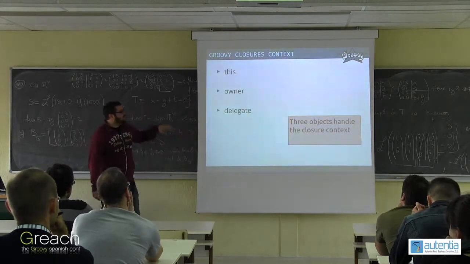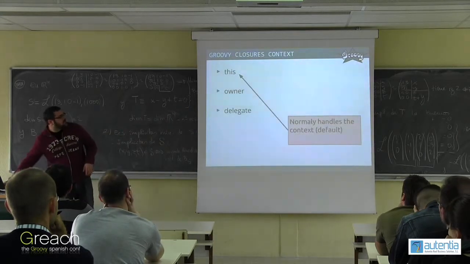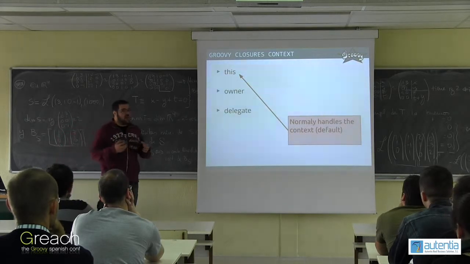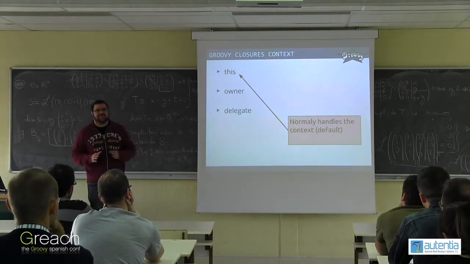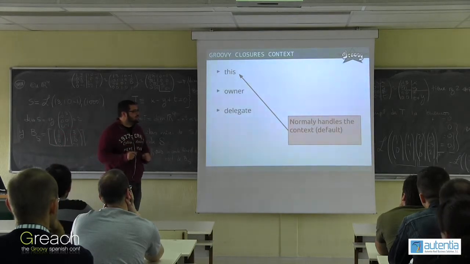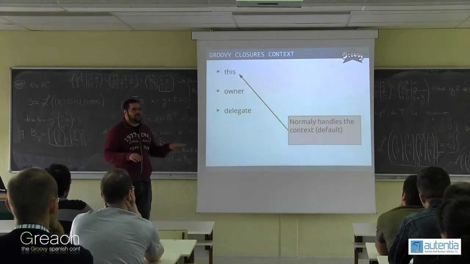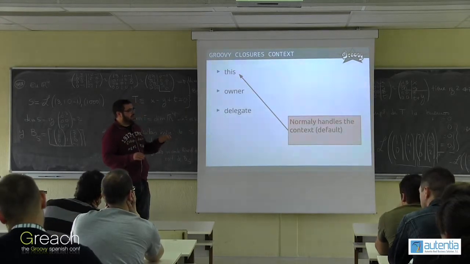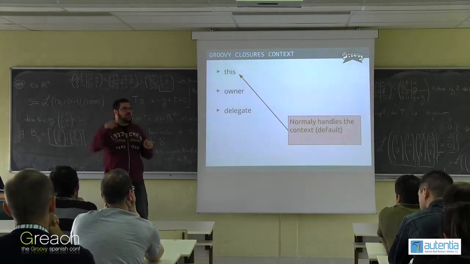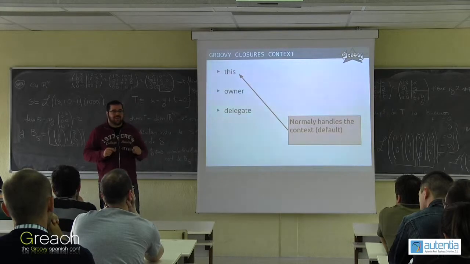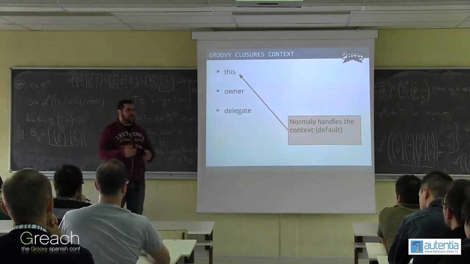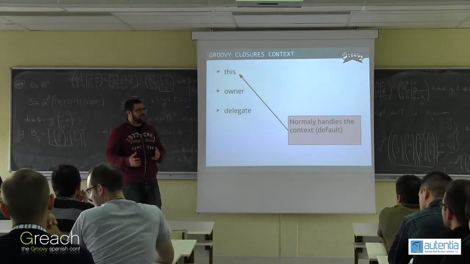All right? The only difference is this is always the thing that we expect. Well, this is complicated because they mix these terms, but this is what you would expect. If you have a closure and you are calling a method, this is the owner. Sorry, I don't want to use owner because owner means another thing, but owner is the one who owns that code, so it's quite hard, okay?